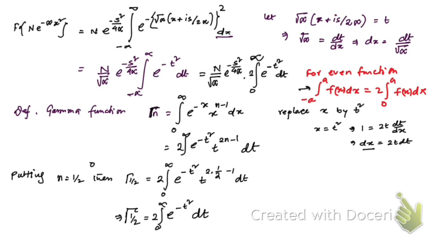And now you see, let me copy this result, that is the Fourier transformation of n e to the power minus alpha x square, and also gamma of half is equal to this. From these two, we can replace this by gamma half, and gamma half is equal to root pi. So that's what we're going to get. This is what we have got.